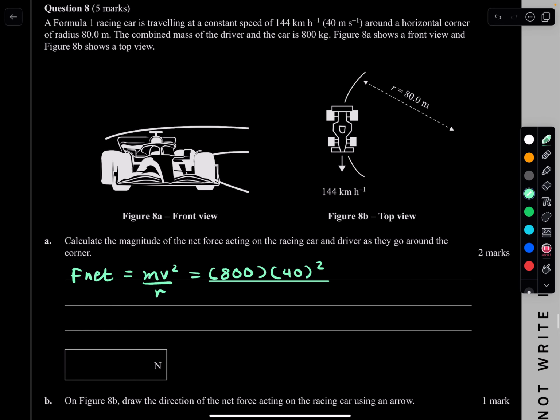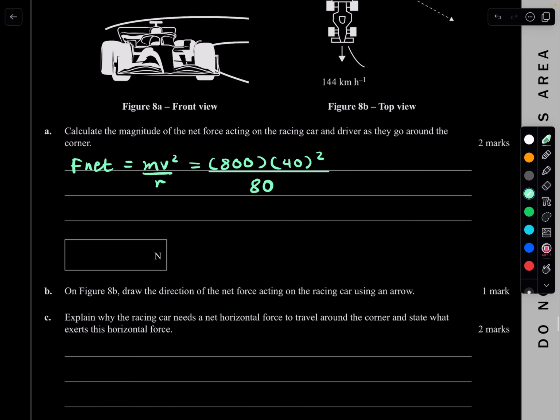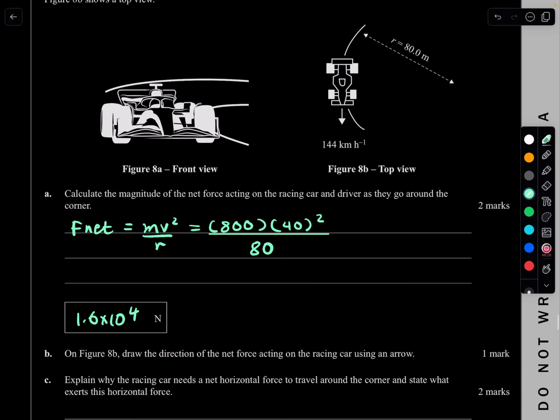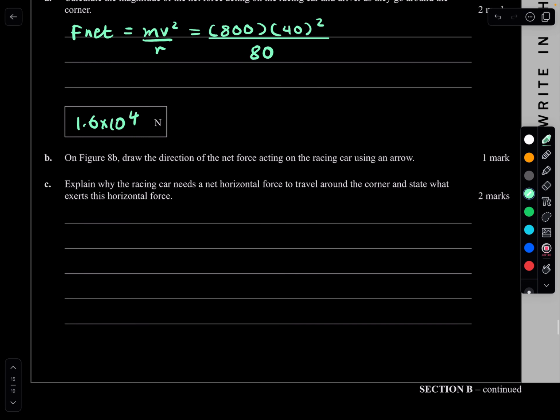The radius is 80. So that's going to give us 1.6 times 10 to the power of 4 newtons. Done.